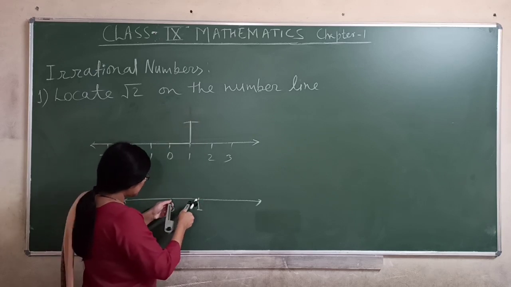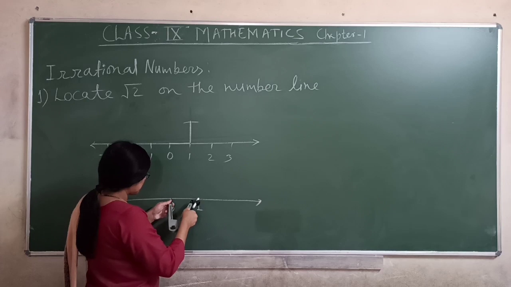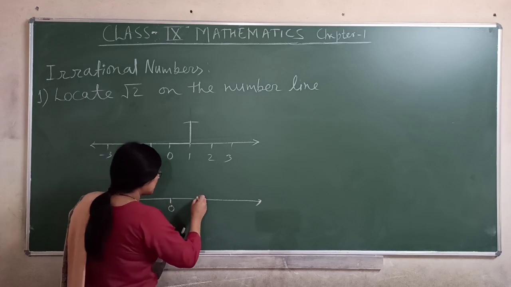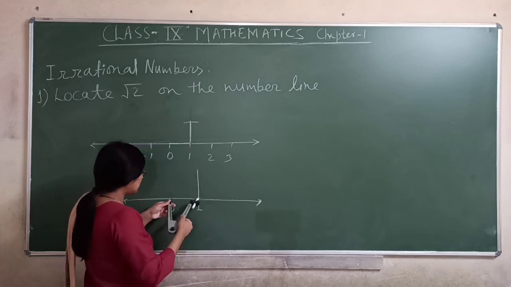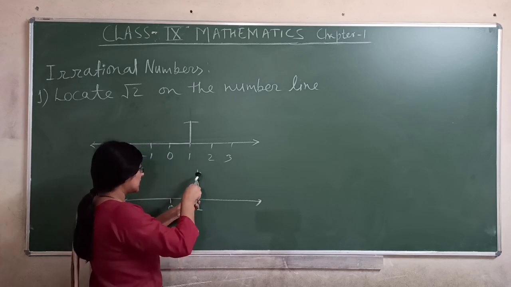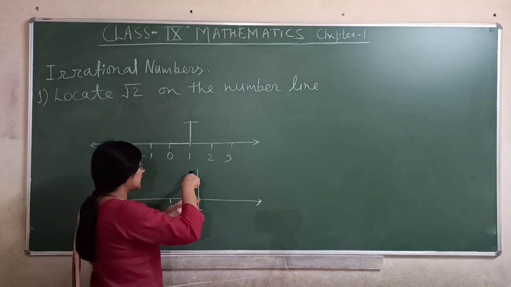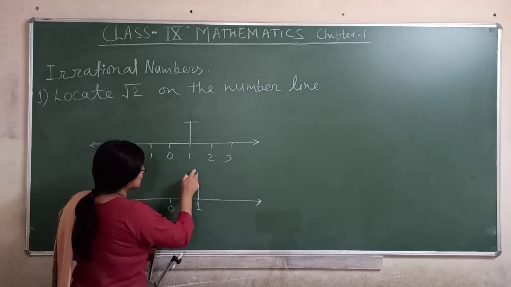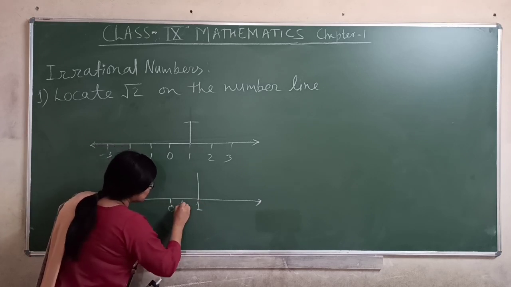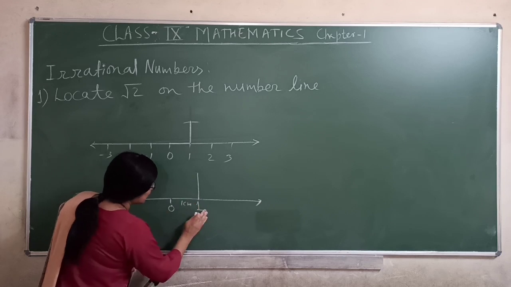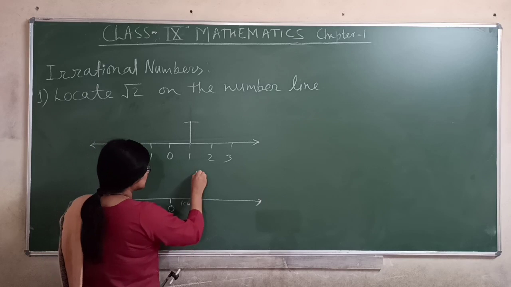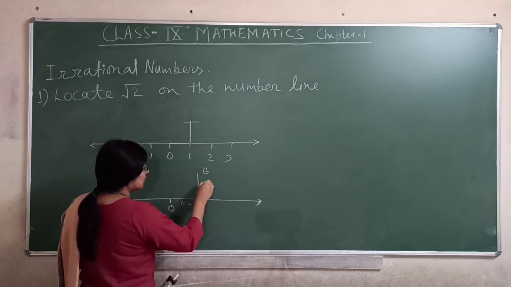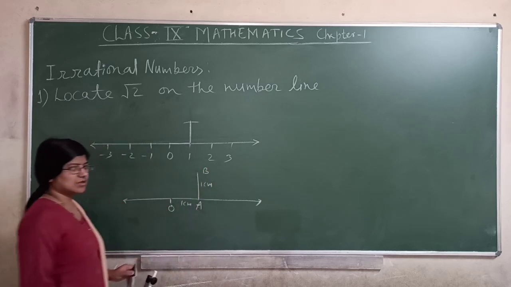So what will we do? We will draw a perpendicular line here, of 1 centimeter like that. From 0 to 1 is 1 centimeter, and I am writing A here. OA is 1 centimeter, so AB should also be 1 centimeter.